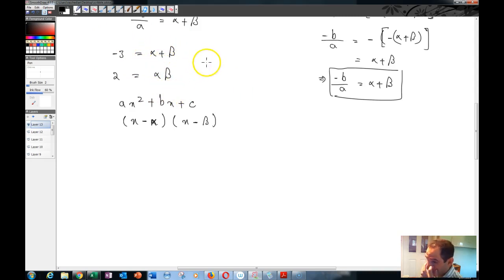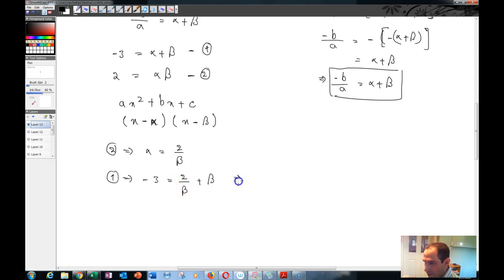So if you call this number 2, and if you call this number 1, based on 2, you know that alpha is equal to 2 divided by beta. So if you substitute this equation in 1, what you will get is that negative 3 is equal to 2 by beta plus beta.